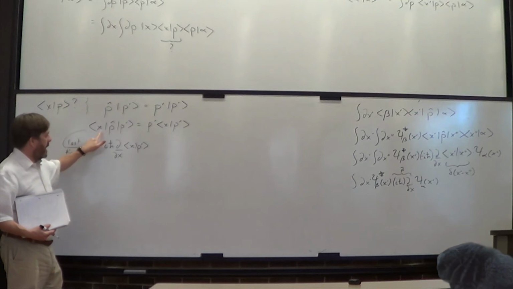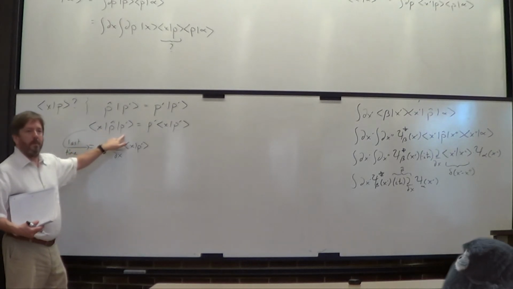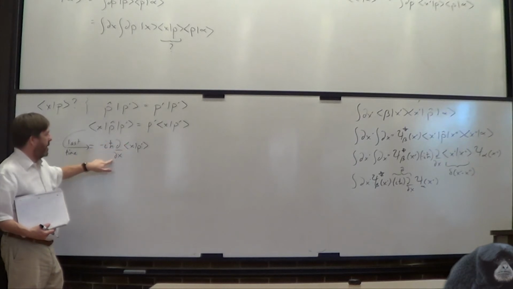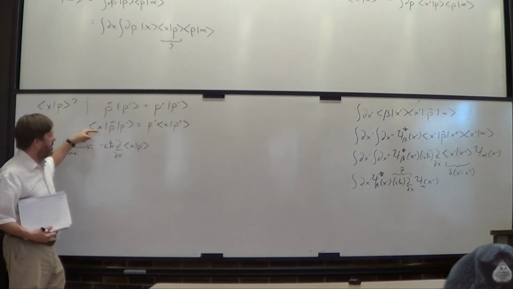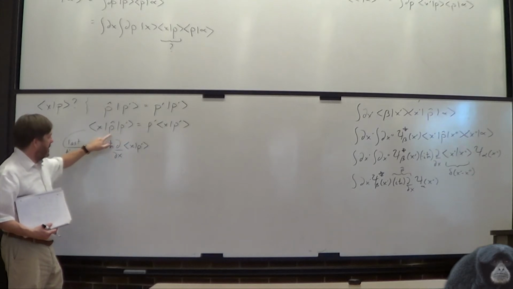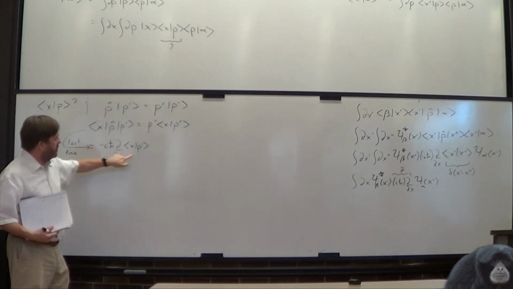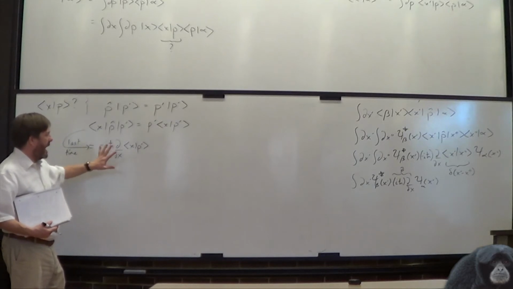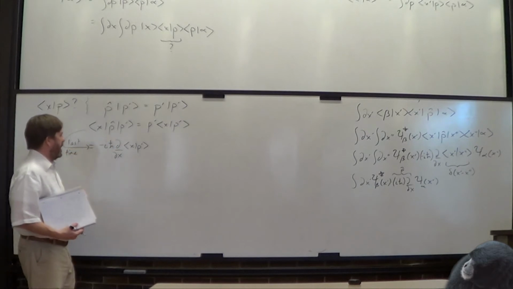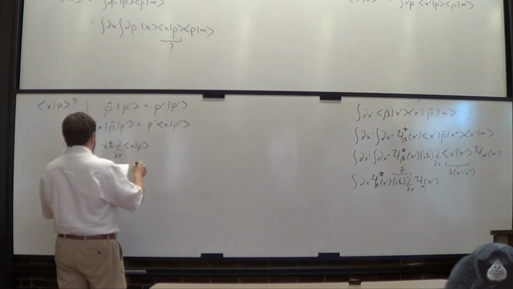It's really strange because it allows the bra to jump past it. I don't see that behavior in any other operator except momentum. Momentum allows the bra to go through it. That's really weird. So it turns into a derivative and the bra goes right through it. I don't see any other thing do something like that other than momentum. So just note that's a weird one.